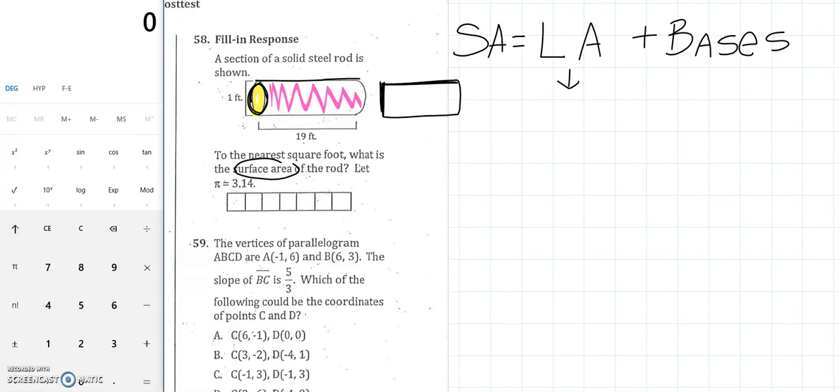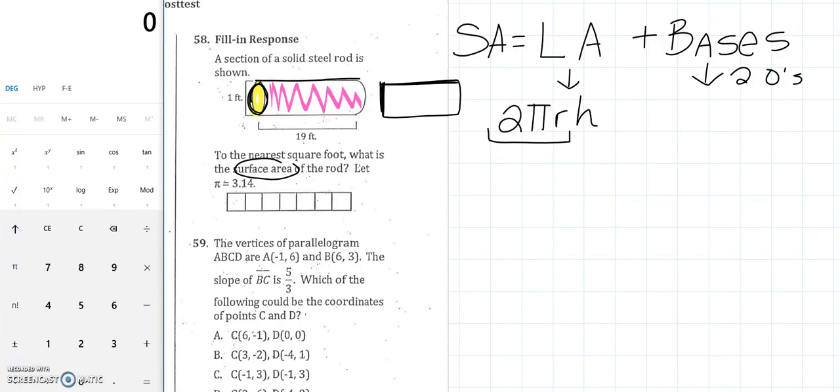So for our lateral area, we're going to write down that to find it, I'm going to do 2 pi rh. 2 pi r is your circumference times the height. That's how you get the curved portion, the pink portion of the cylinder. And now we need to find the area of our bases as well. I have two circles that make up my bases, and they're going to be identical circles.